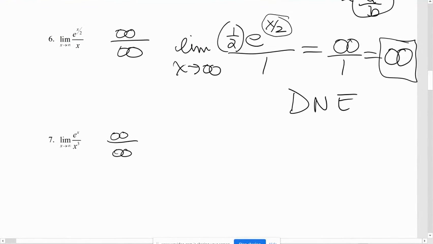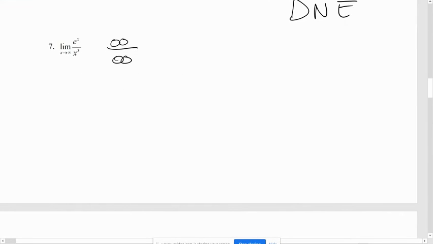And it all depends on how quickly it's going towards infinity. In this case, it means the top is moving towards infinity much faster than the bottom. And it's taking over and shooting towards infinity, where the bottom is going much slower and can't fight that infinity on the top.